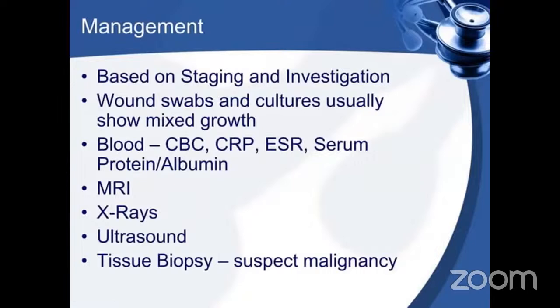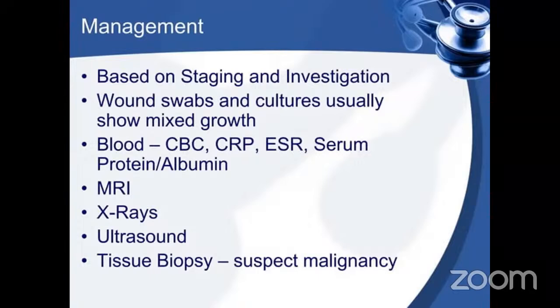Now the management. Before the management, we have to stage the ulcer and order some investigations, including wound swab and cultures, which usually show mixed growth, aerobic, anaerobic, and normal flora. We will go for complete blood count, C-reactive protein, ESR, serum protein, and albumin to assess the patient's nutrition level, MRI and X-ray to rule out osteomyelitis, and Doppler ultrasound of the limbs to check the arterial and venous flow.